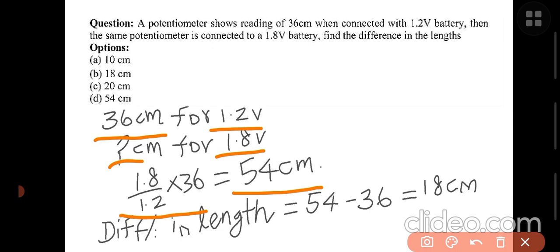Now finding the difference between 54 centimeter and 36 centimeter, we get 18 centimeter, which is the right answer. So option B is the answer.